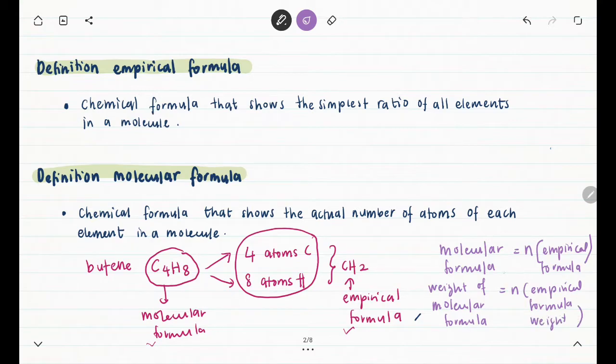We use the integer n here, so we can calculate the n value if we know the molecular weight of the molecular formula and the molecular weight of the empirical formula. After we get the n value, we can determine the molecular formula. We will look at the example after this.